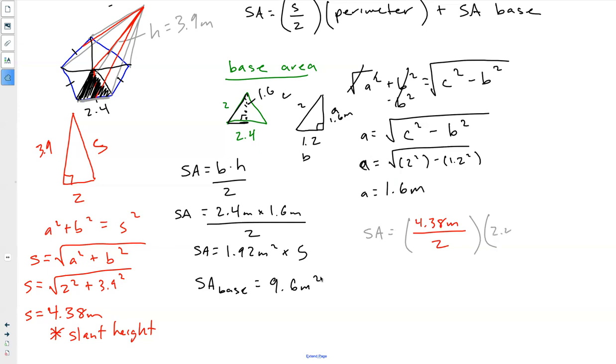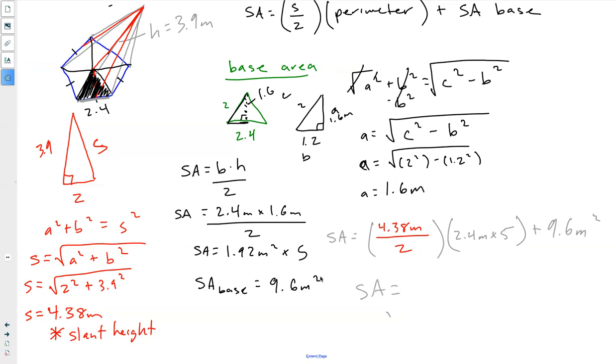So 2.4 meters times 5 sides. Okay, and then I'm going to add the surface area of the base, which is 9.6 square meters for a final calculation equal to 35.90 square meters.